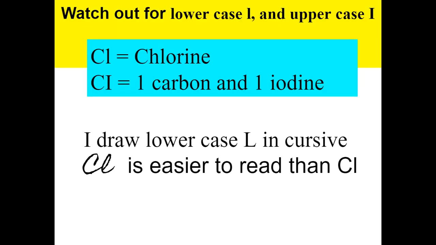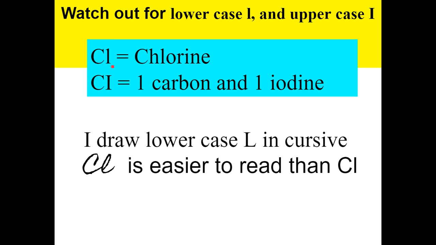Another thing that can possibly mess you up, and this is the worst thing year after year, is that lowercase l and uppercase I look almost exactly the same when they are written. And I will always try to use a font that at least shows a difference between them.